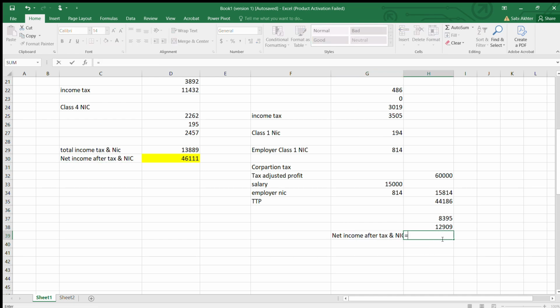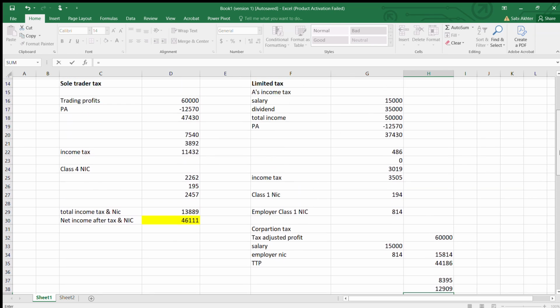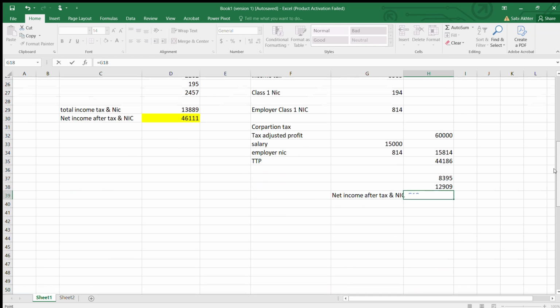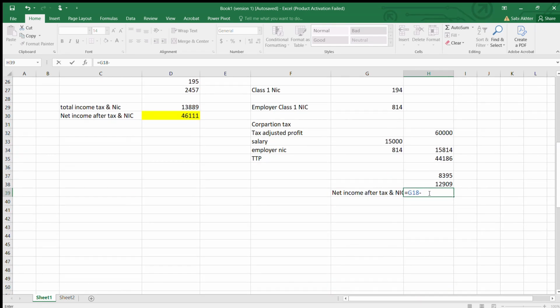So when you're finding the net income, remember here, it is your total income minus what do you have to deduct? The total tax and NIC paid under limited company?